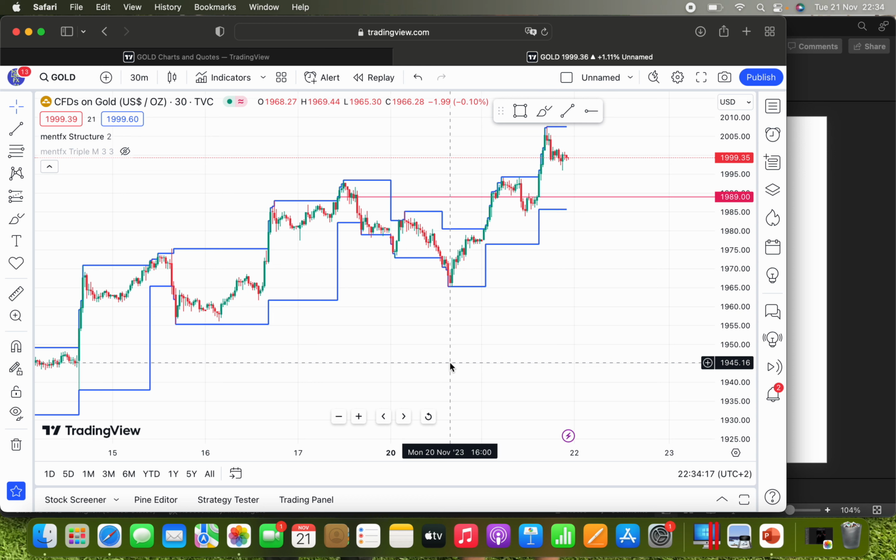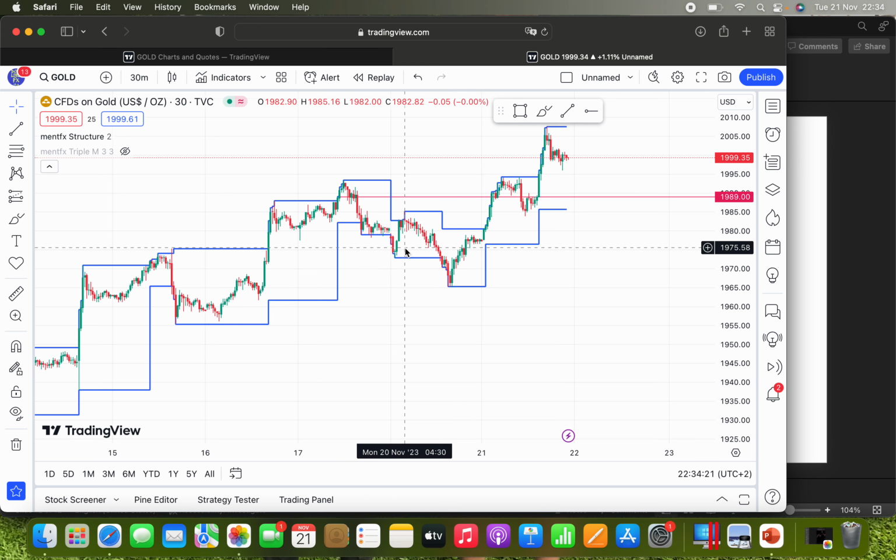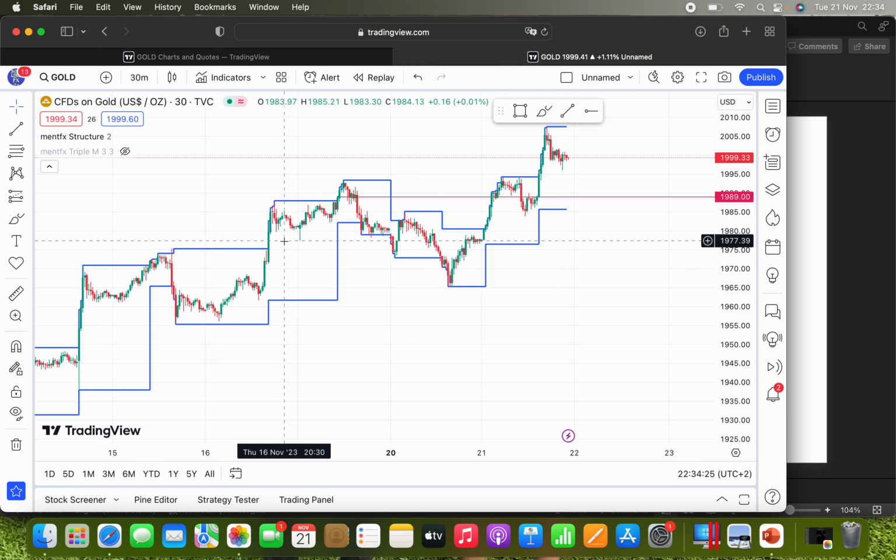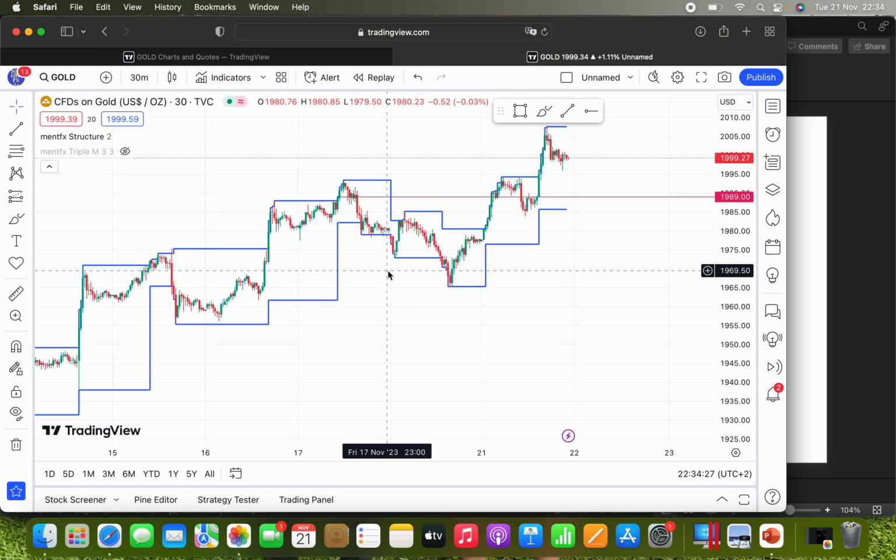I definitely probably would have blown the account. I would have lost all my capital in my trading account if I didn't have a stop loss, and if I didn't have a suitable risk management style, or rules in place to say to myself, if my trade doesn't go in my direction, how am I going to exit out of a failing trade?